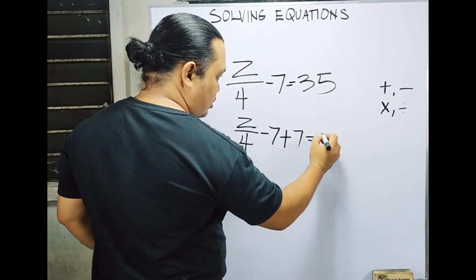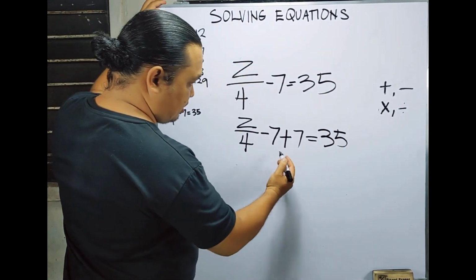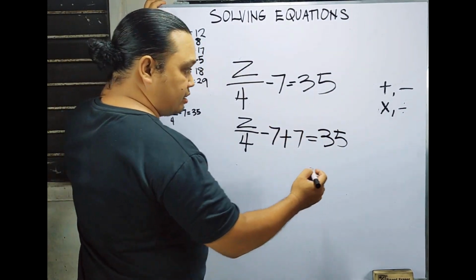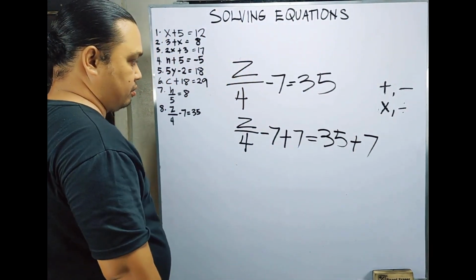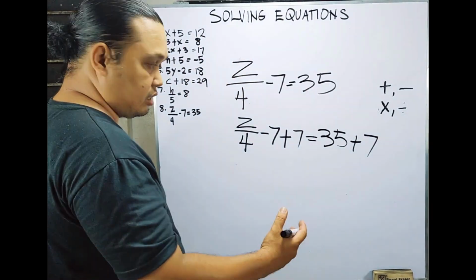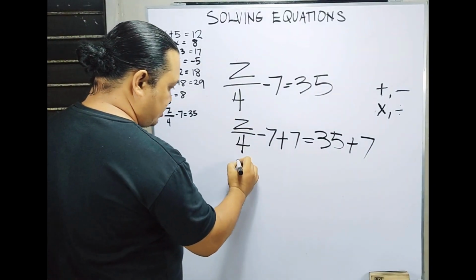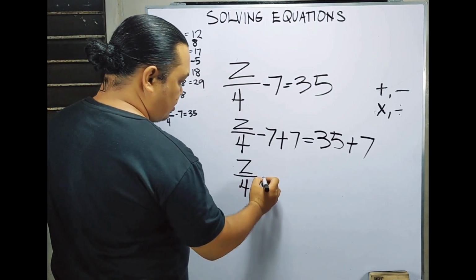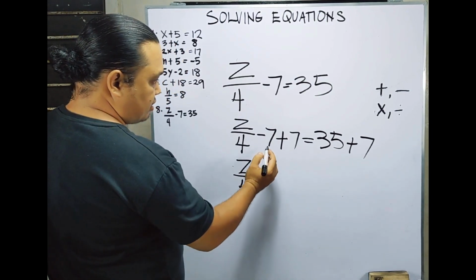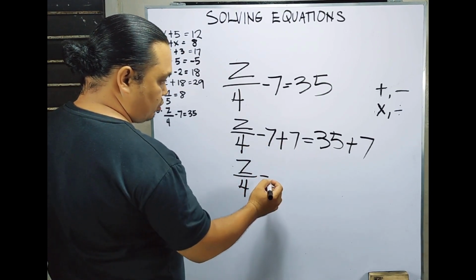Equals 35. And because we have added 7 here, we must also add 7 here to the right side of our equation. Okay, now let's further simplify. Let's copy z over 4, minus 7 plus 7 is equal to 0.